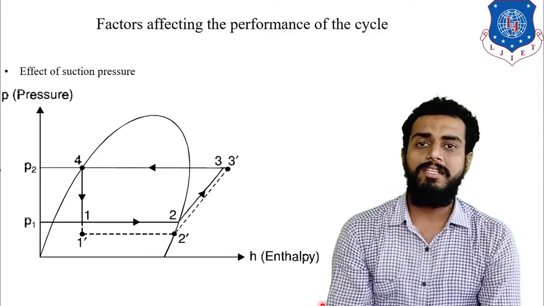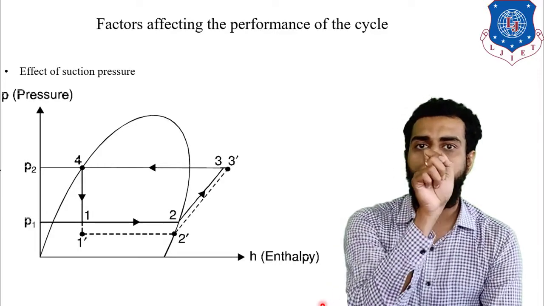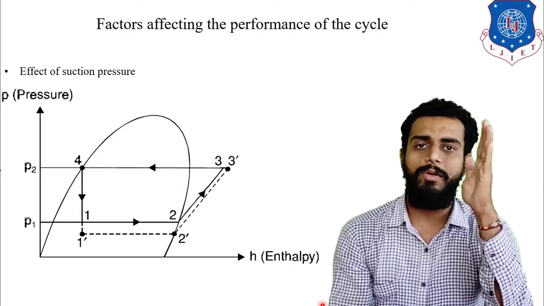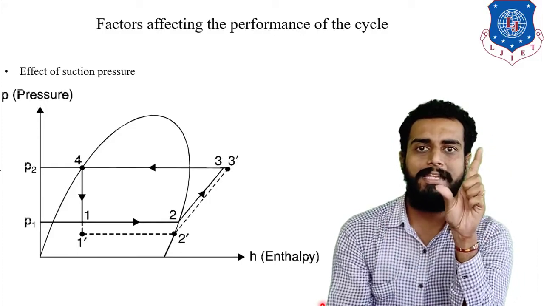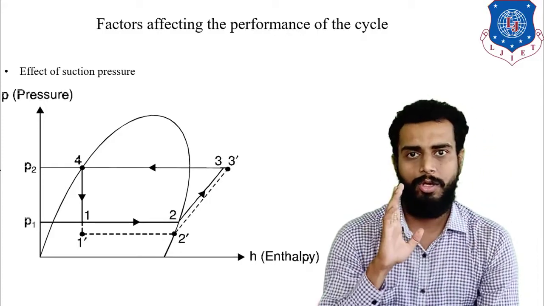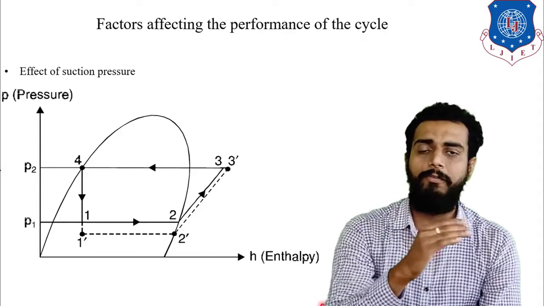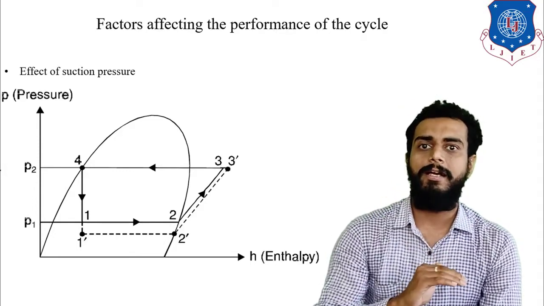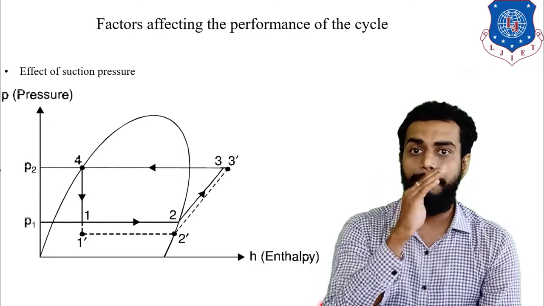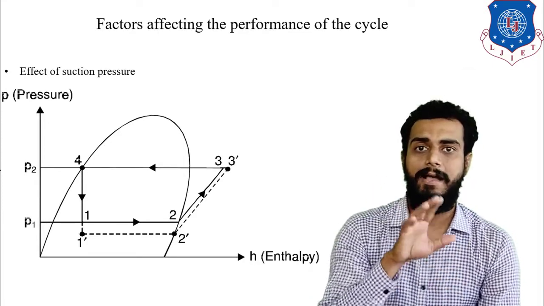Now next, 2 to 3 is the compressor process. Corresponding to 3 and 2, the enthalpy difference gives you the compressor work, that is H3 minus H2. Now if you take the revised cycle, with the decrease in suction pressure, the compressor work is increased. How much?